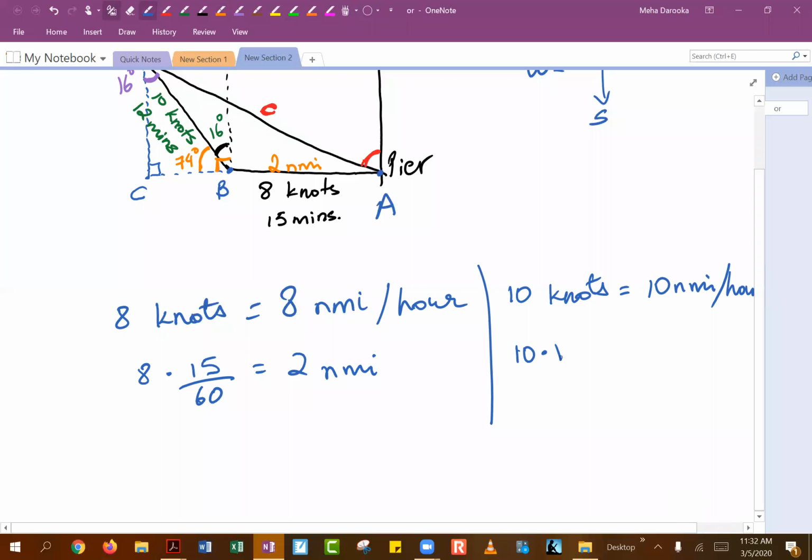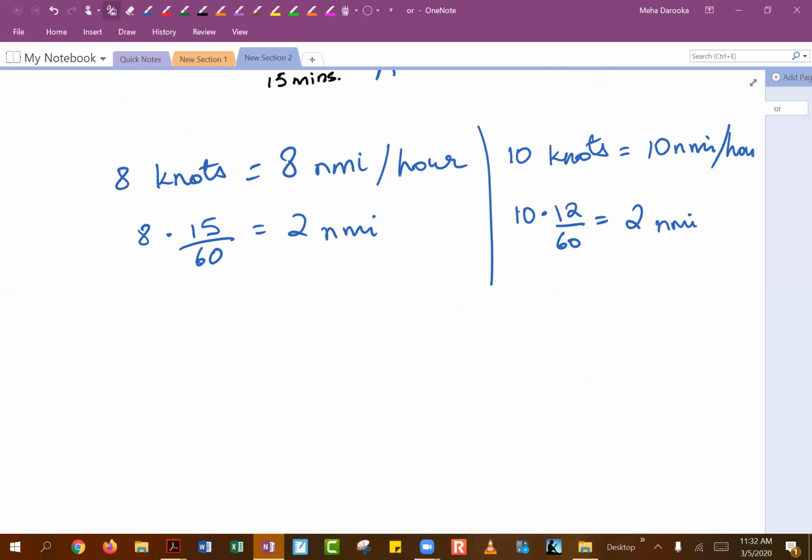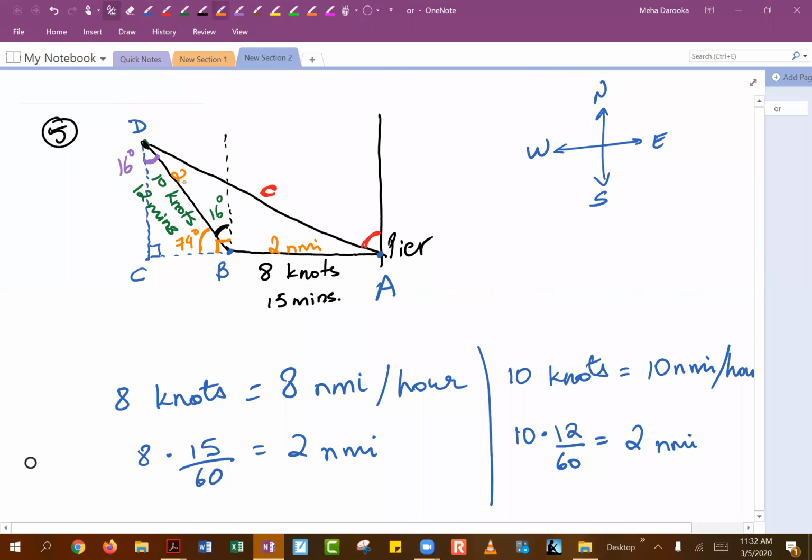So that would be 12 over 60, right? Yeah, it will actually come out to be 2 nautical miles. Very good. This one here is 2 nautical miles. Okay. So far, we are looking really good.